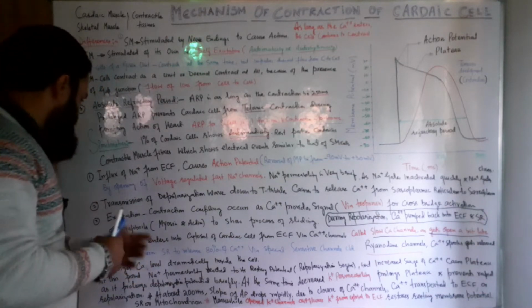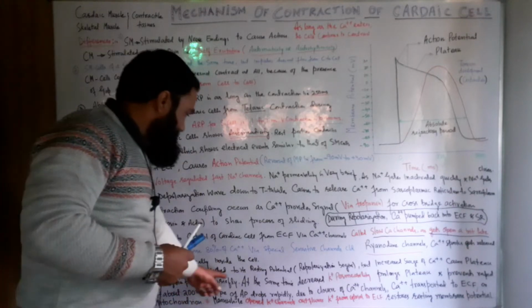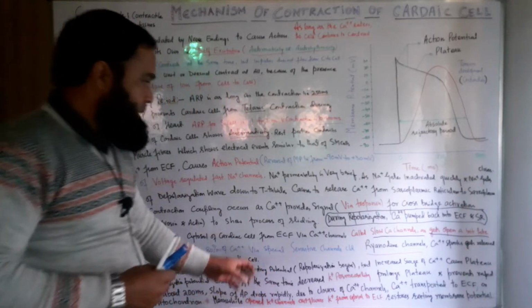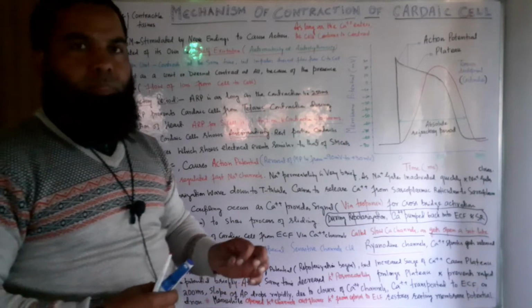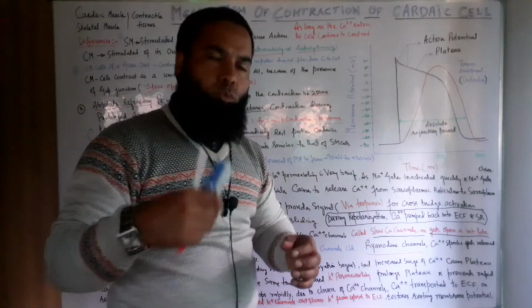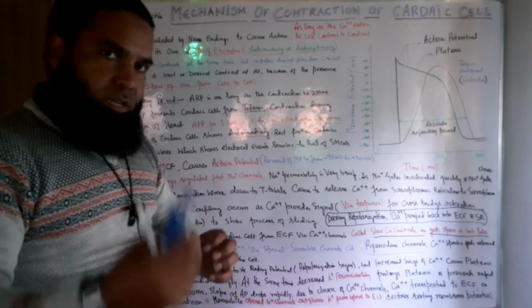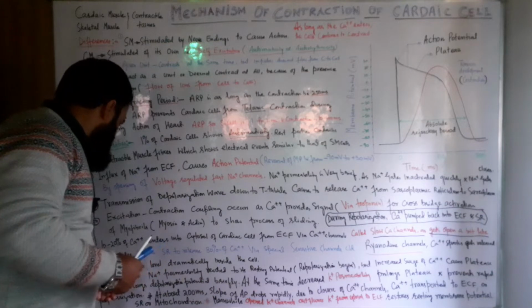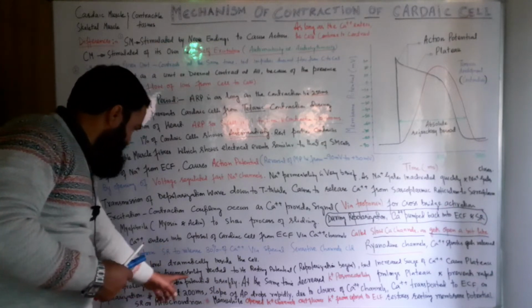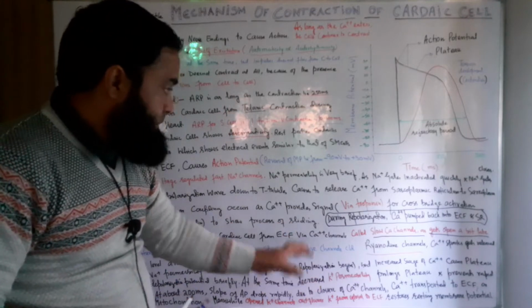Then what happens? At this point, sodium permeability reaches its resting potential. That means depolarization begins. As I have already told you, sodium channels, when they open, quickly get closed as well. At this point, sodium permeability reaches its resting potential and repolarization begins.